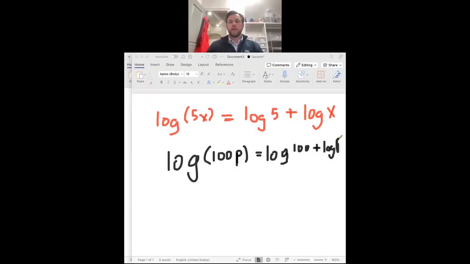But you have to see, before you stop, can you simplify any further? Can you simplify this one or this one any further? The answer is yes. How do I know? What's the base of this log?